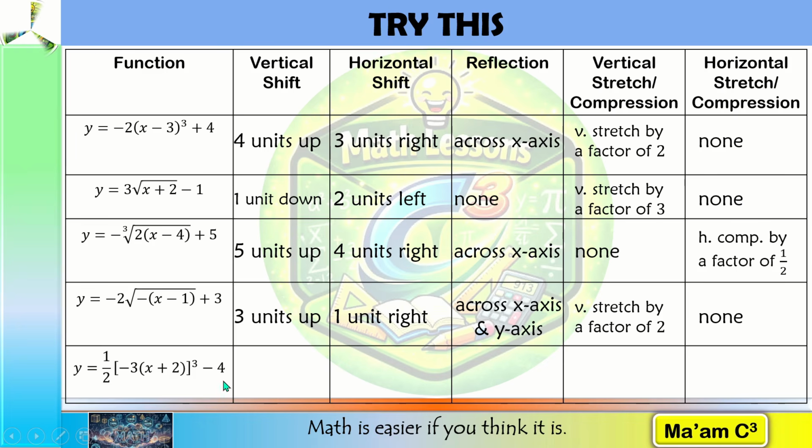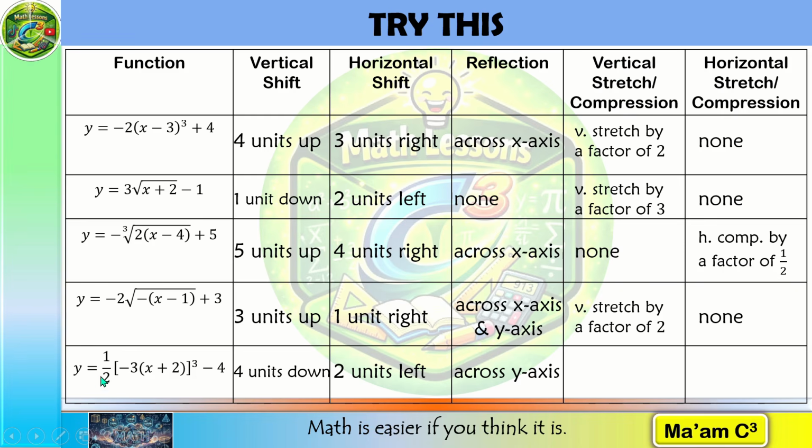And the last one, we have here negative 4, so 4 units down. We have here 2, so 2 units to the left. Reflection, there is no negative here, so none for the x-axis, but there is a negative here, so yes, across the y-axis. Vertical stretch or compression, we have here 1/2.